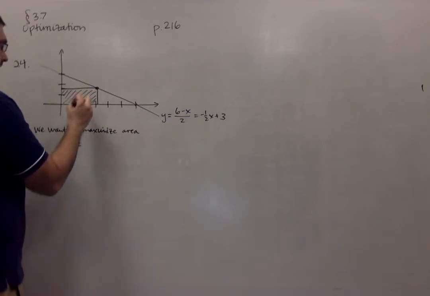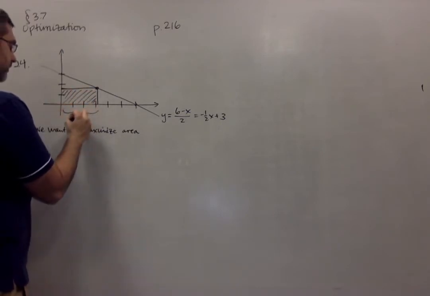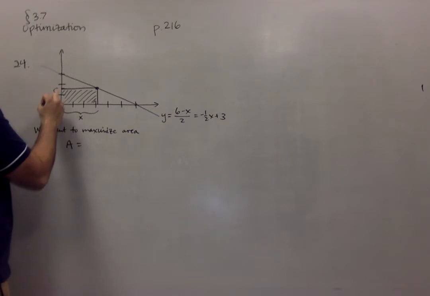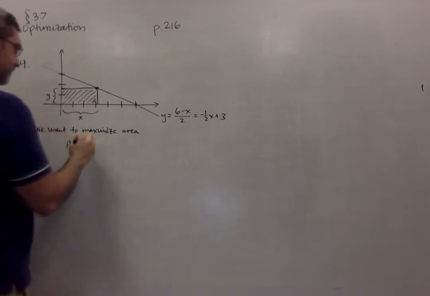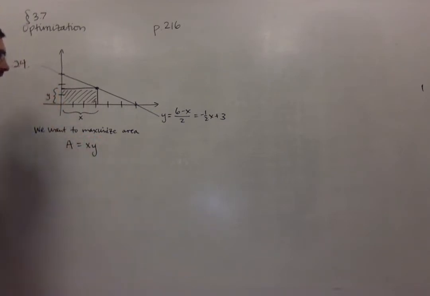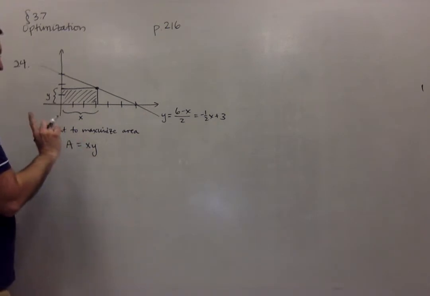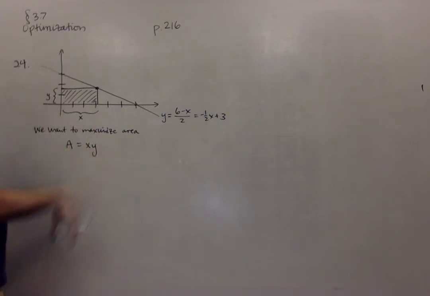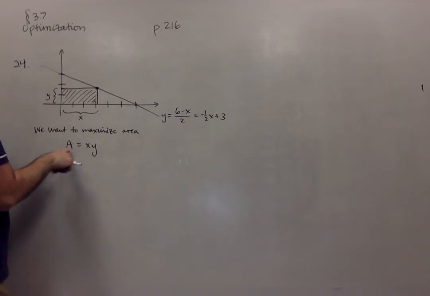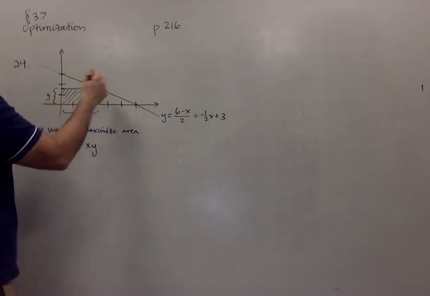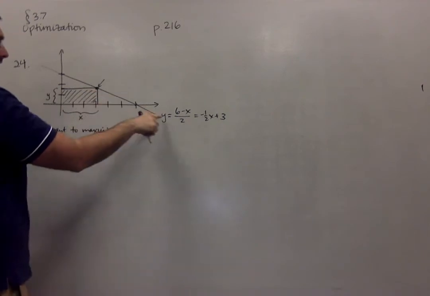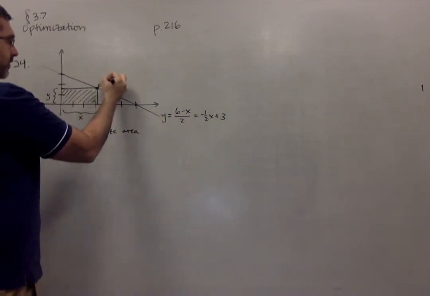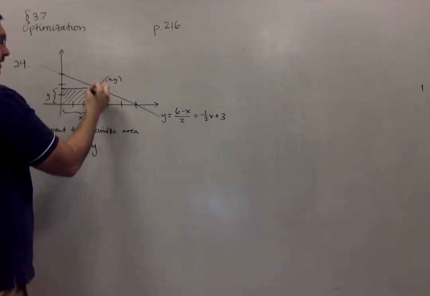And the area, let's call this part x and this part y. So that area is going to be x times y. But we've got an area, a function with 2 variables. I want 1 variable, so I have to get rid of one of these variables. But we know the relationship between x and y. At this point right here, this is the point x, comma y.